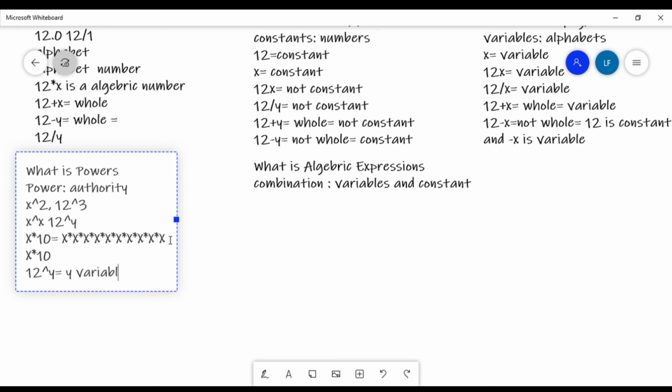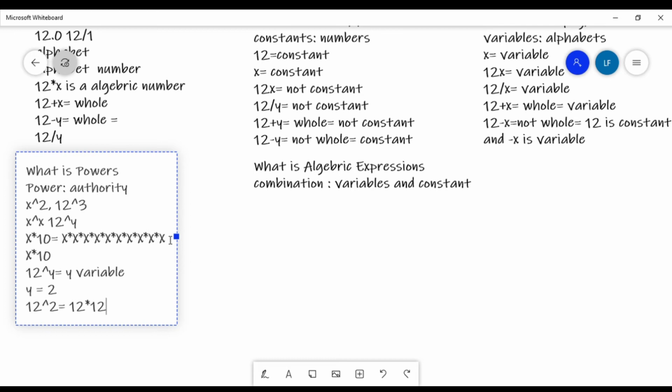But we can say that if y equals 2, then 12 is raised to the power of 2, which is nothing but 12 into 12.